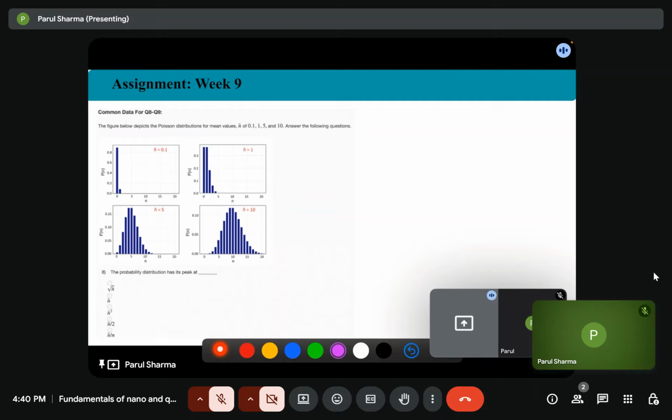So the probability distribution is P of n equals n bar to the n over n factorial. The most probable value is N bar, so the probability distribution has a peak at it.